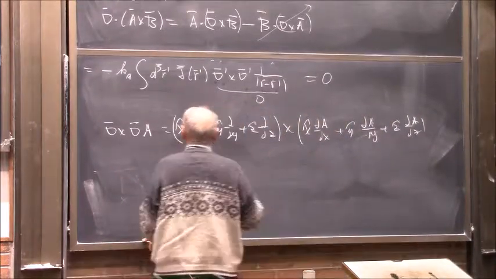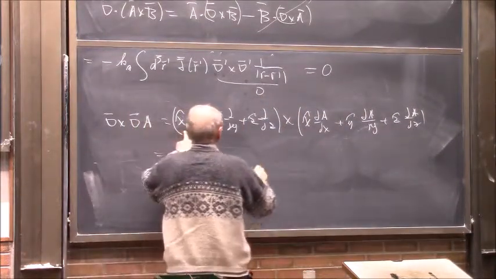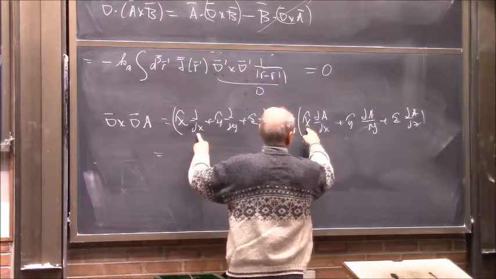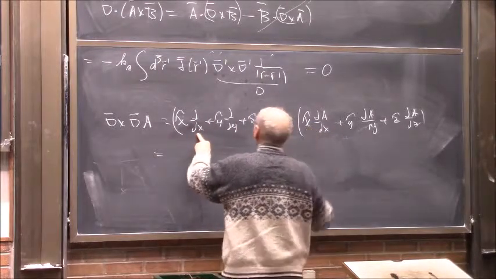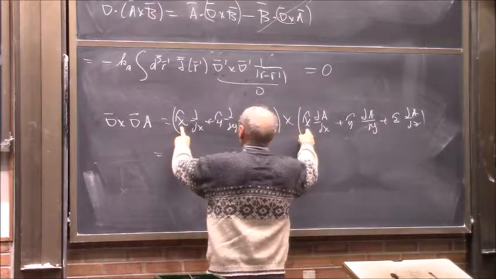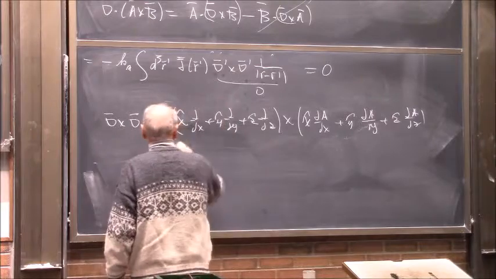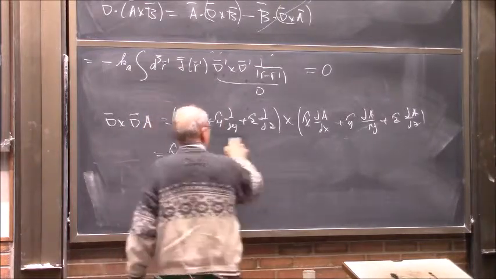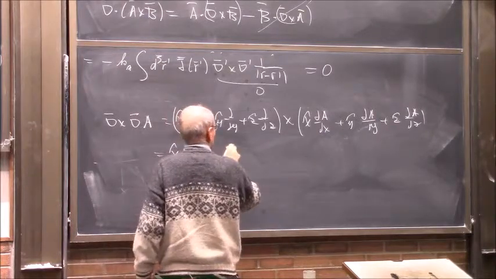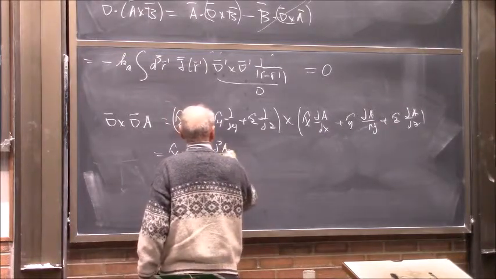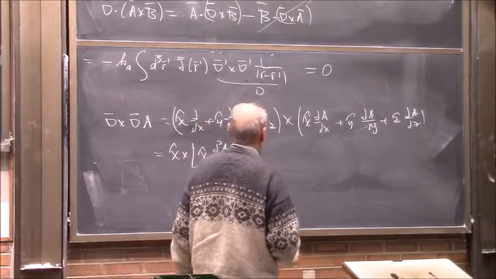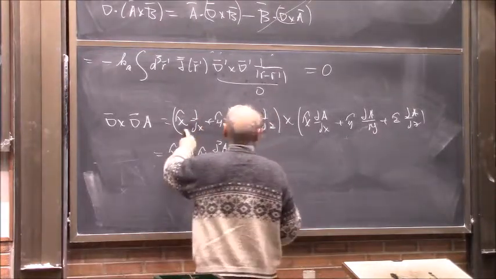Okay, so the d by dx's don't change the unit vectors. And so when I take this product, I get x hat cross. D by dx of that does nothing to x hat and makes that d squared A dx squared. Okay?